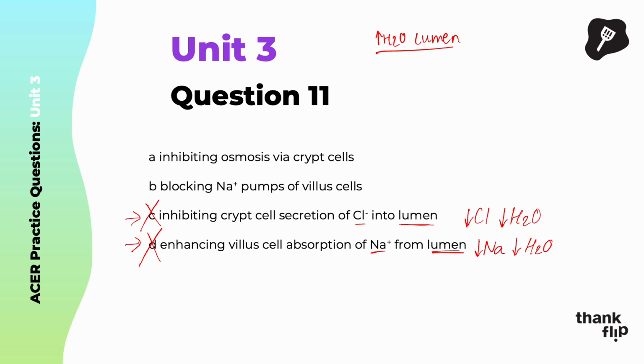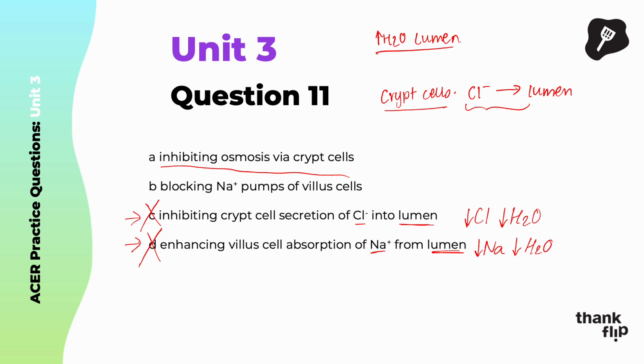So looking at option A, it says inhibiting osmosis via crypt cells. So we know crypt cells are responsible for putting Cl into the lumen. But this mechanism of action is not targeting this action at all. It's targeting osmosis. It's only inhibiting osmosis. Say that this organism somehow inhibits osmosis in crypt cells.